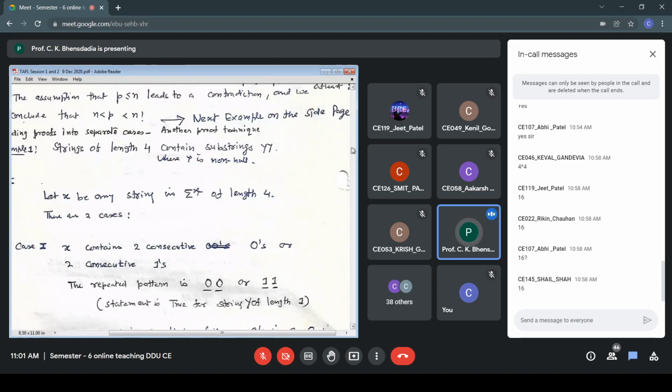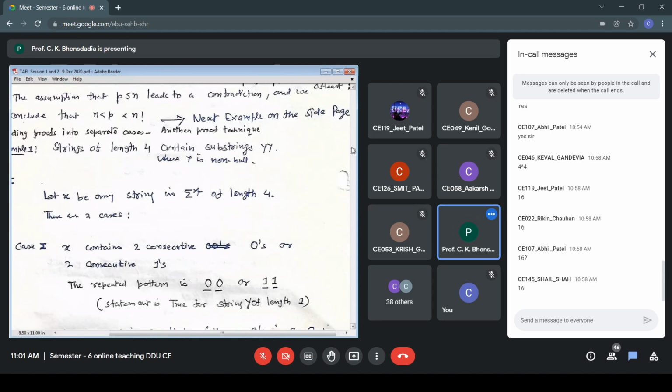Under this particular case, it is known that X contains 2 consecutive zeros or 2 consecutive ones, and I am looking for repetition of the pattern. So if there are 2 consecutive zeros, my first 0 is first y, second 0 is second y. Similarly, if there are 2 consecutive ones, my first y is 1, my second y is the next 1.